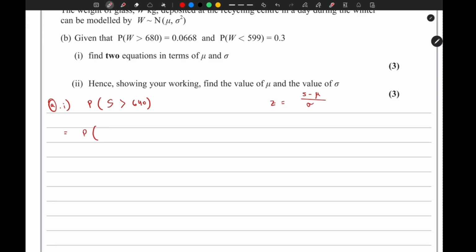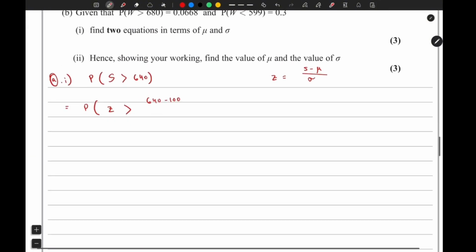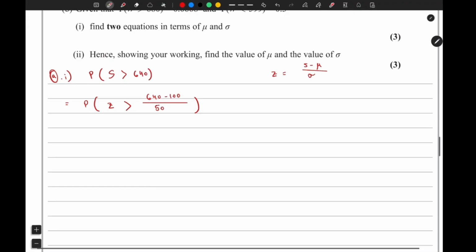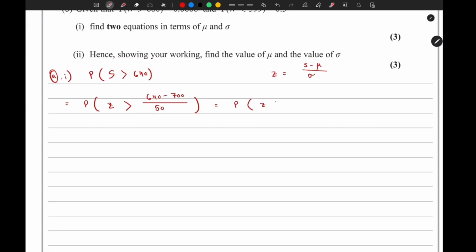So it will be Z is greater than 640 minus 100 divided by 50. Okay, so this is not 100, this is actually 700. 640 minus 700 divided by 50. So this gives us a value of negative 1.2. So Z is greater than negative 1.2.